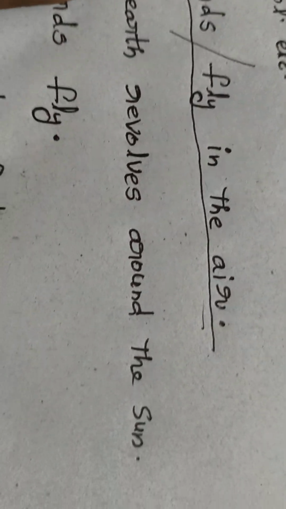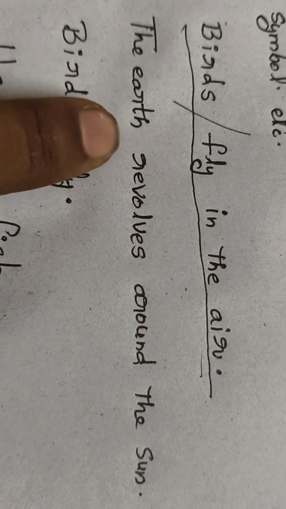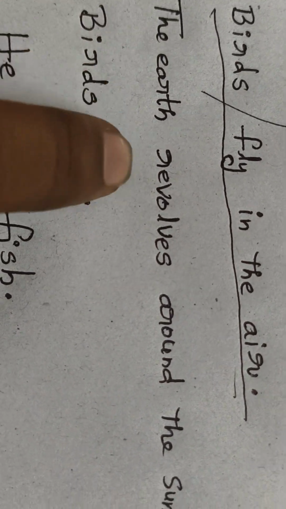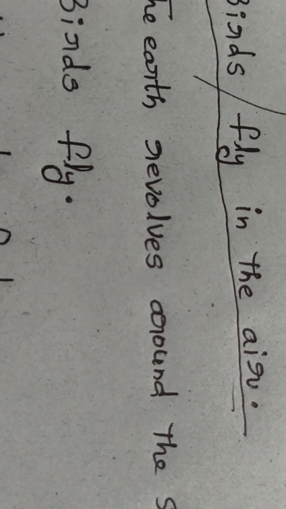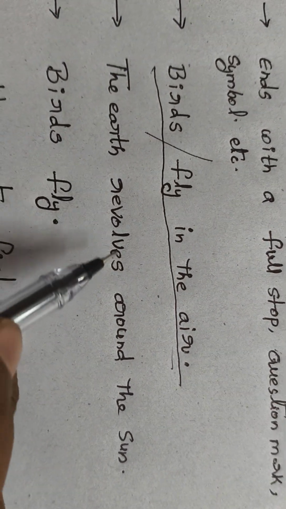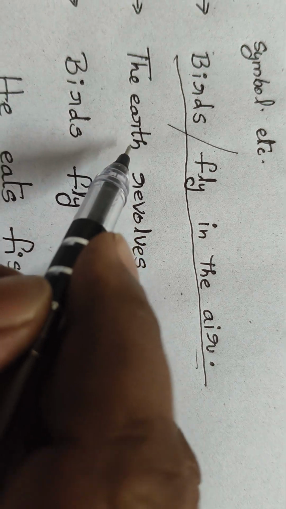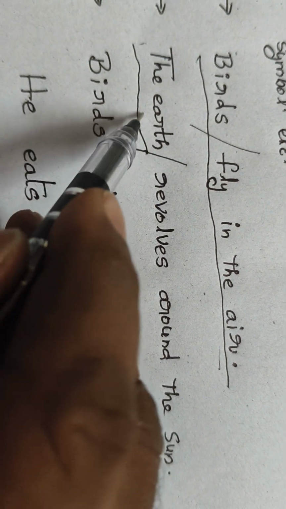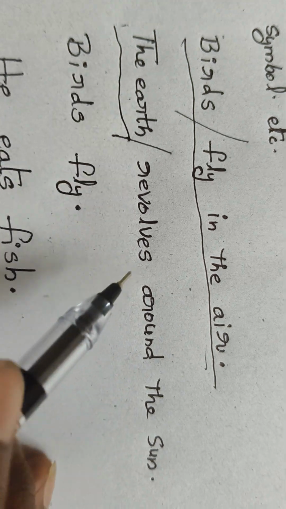See, one more. The earth revolves around the sun. See here, what is the subject? What are we going to talk about here? Very good. The earth. So earth is the subject.